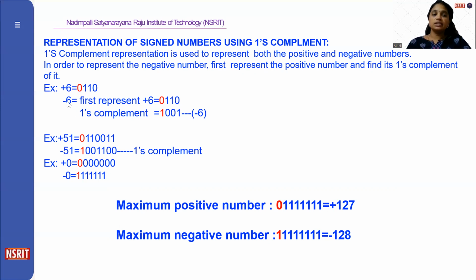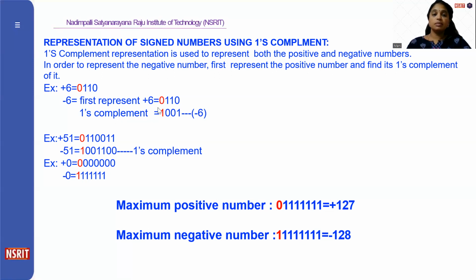Next, minus 6. If you want to represent minus 6, keep it in mind: first place the 6 magnitude as it is, 1, 1, 0. This is plus 6. The sign bit equals 0 for plus 6.